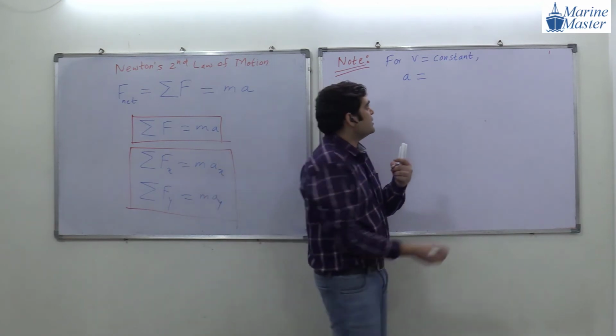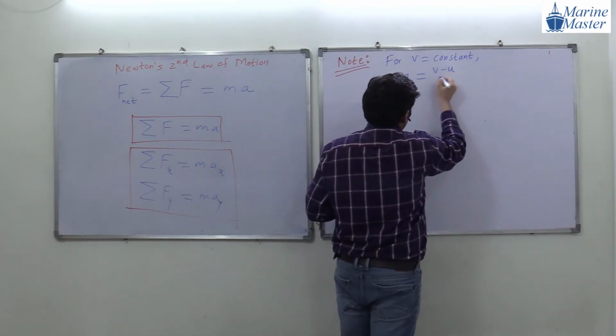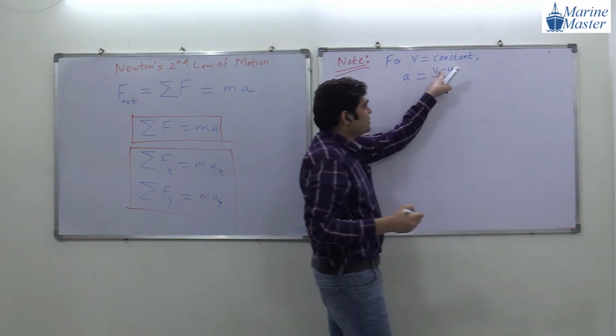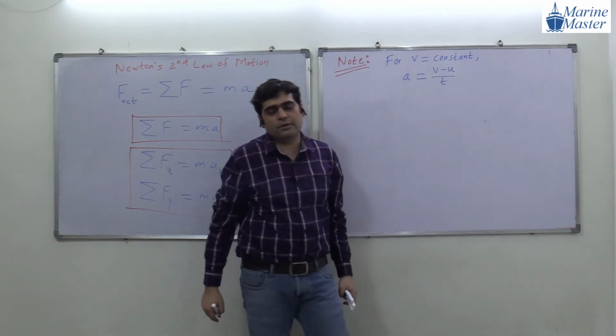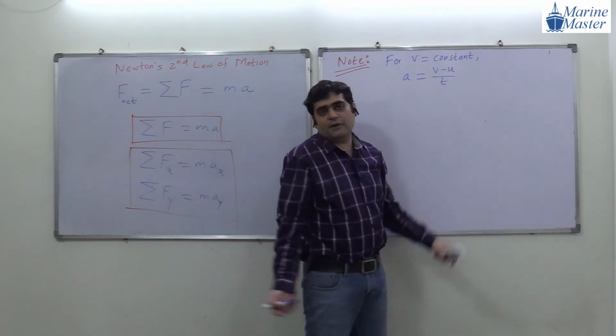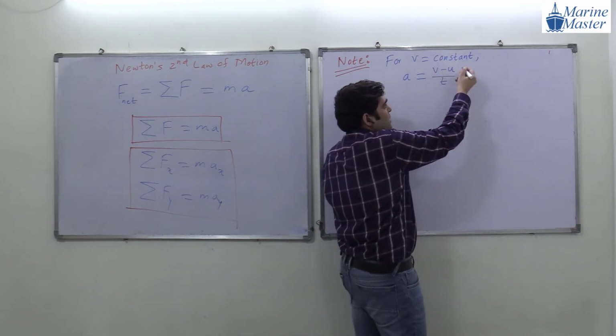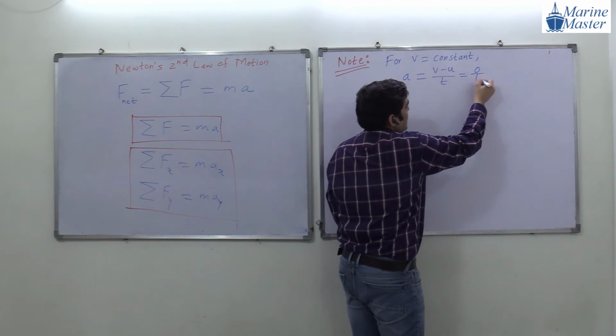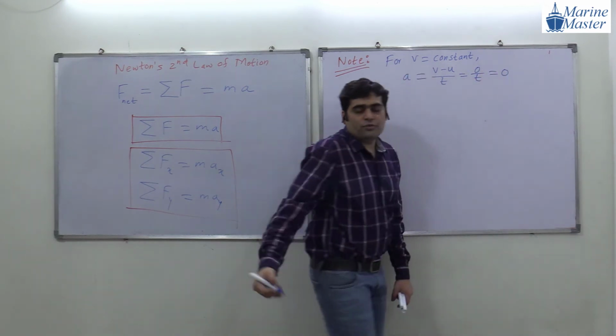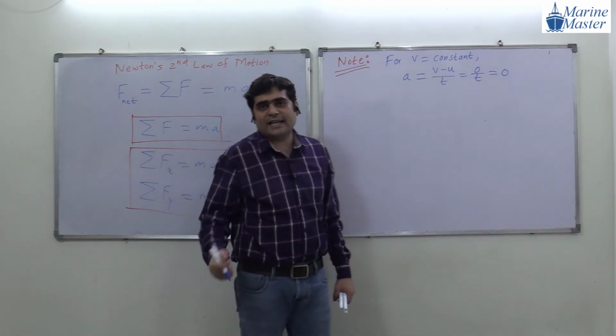What is meant by acceleration? It is (v minus u) by t. Since initial and final velocity are the same, this term becomes 0, and 0 by t is 0. So whenever velocity is constant, the acceleration is 0.